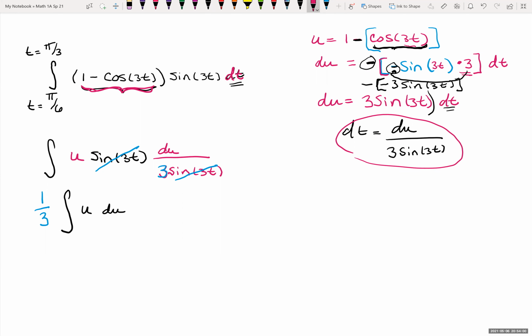Integrating u is really easy, but first, instead of keeping our bounds in terms of t, let's rewrite them in terms of u. So u is equal to 1 minus cosine of 3t.